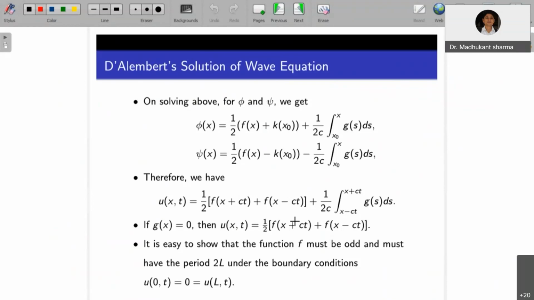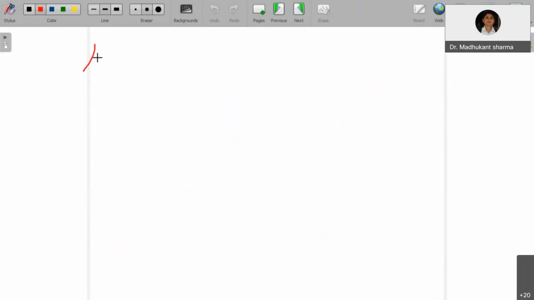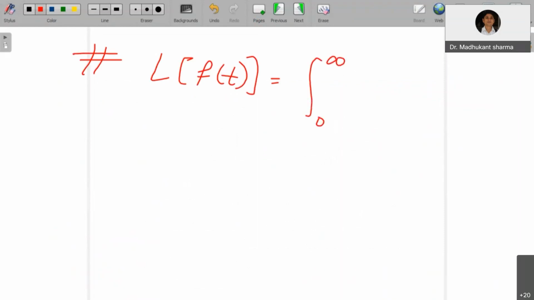Why? Because in the definition of the Laplace transform, if I recall, the Laplace transform of a certain function f of t is the integration from 0 to infinity of e to the power minus st f of t dt.